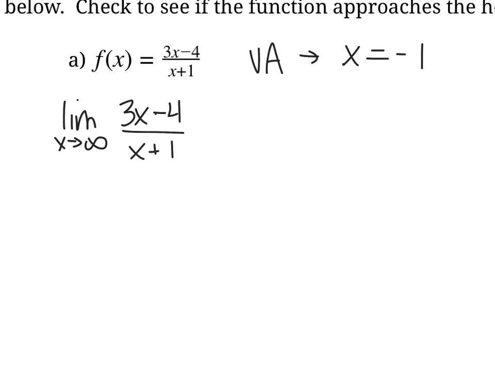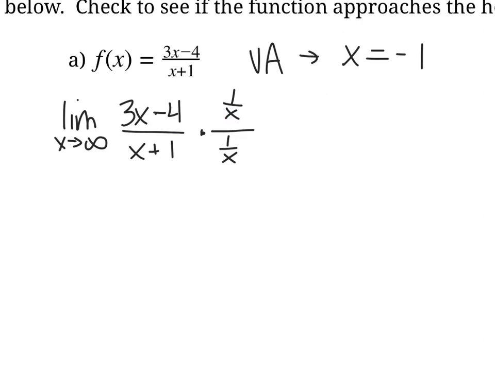I like this trick. We look at the highest degree, and in this case, the highest degree is 1, it's just x. And what we're going to do is multiply the top and the bottom by 1 over x. So again, we're not changing the value of this limit at all, because we're basically multiplying by 1 over 1, right? 1 over x over 1 over x is just going to be 1.